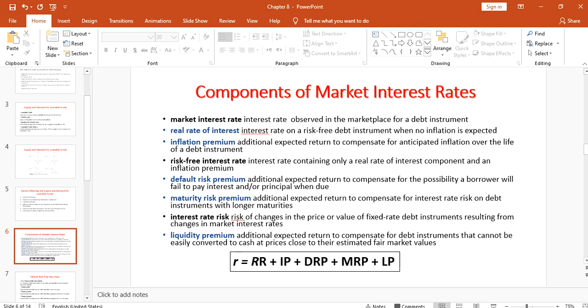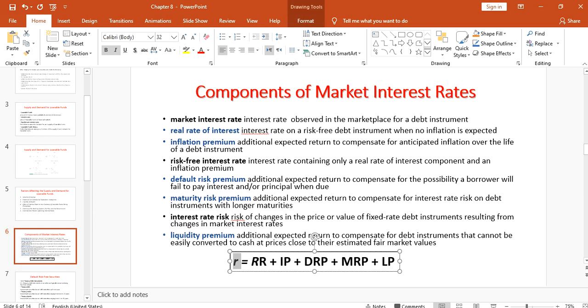For example, small r here represents the market interest rate, which equals RR, the real rate of interest, plus the risk-free rate, which is the government or central bank's rate of return.